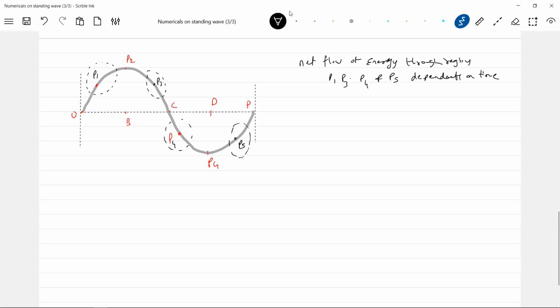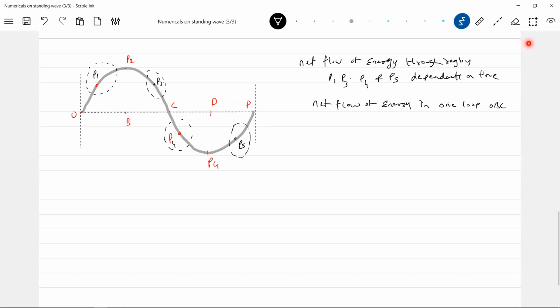What happened to the net flow of energy in the region OP1, P2, P3, C? Means the one loop. Net flow of energy in one loop. What is one loop? One loop will become OBC. This one is one loop. Shall I say it is independent of time?